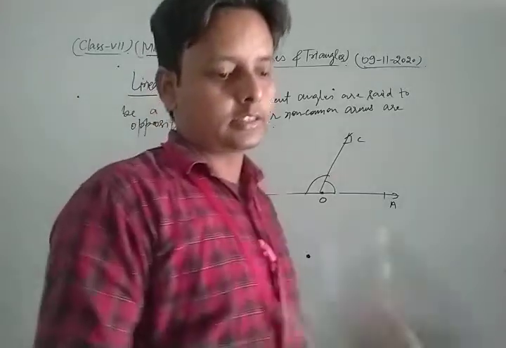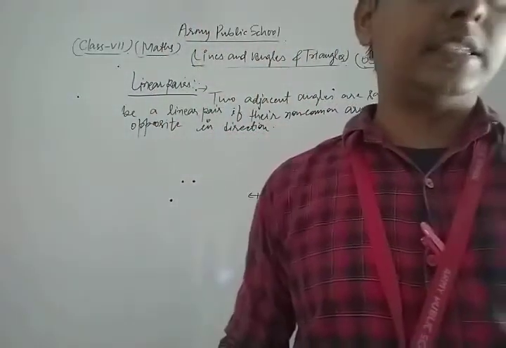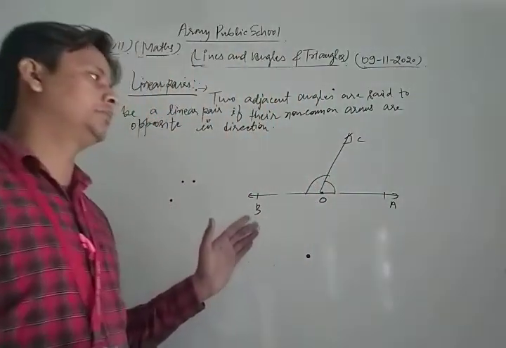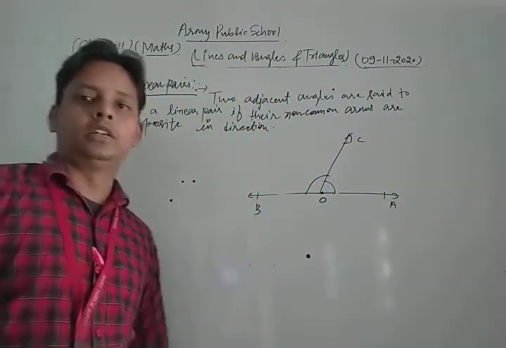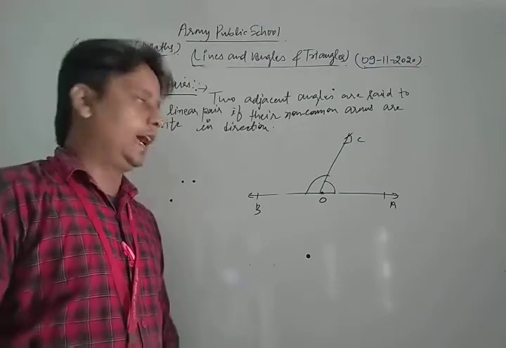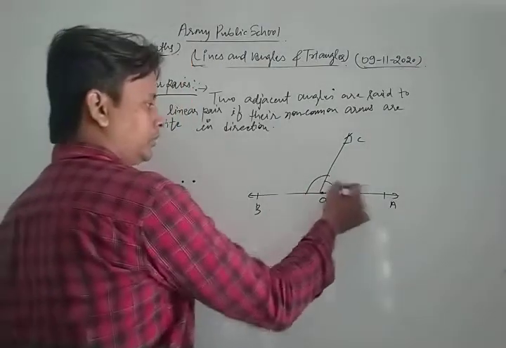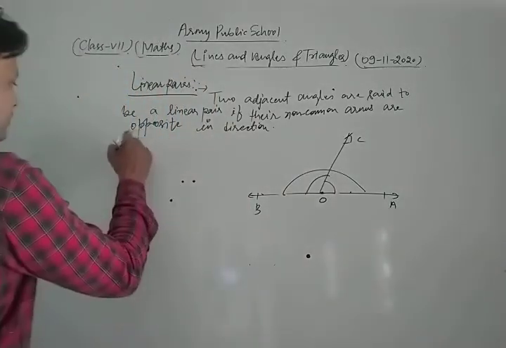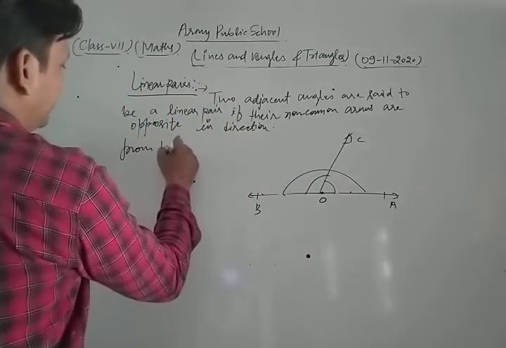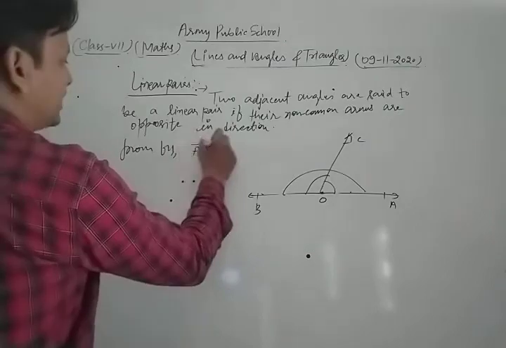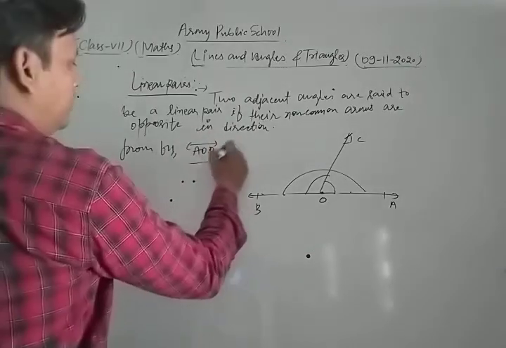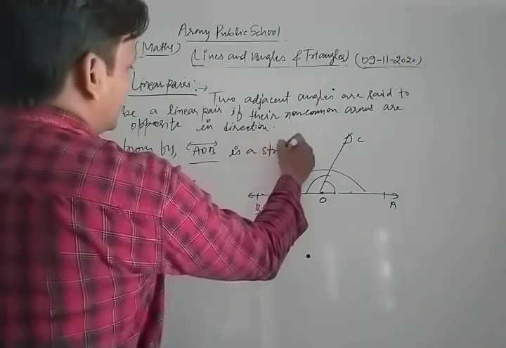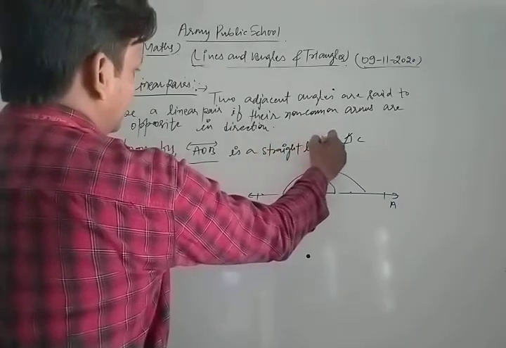So this is the necessary condition for the linear pair: their non-common arms are opposite in direction. Then they form a linear pair. And you know that if they are opposite in direction, then AOB is a straight line from the figure.